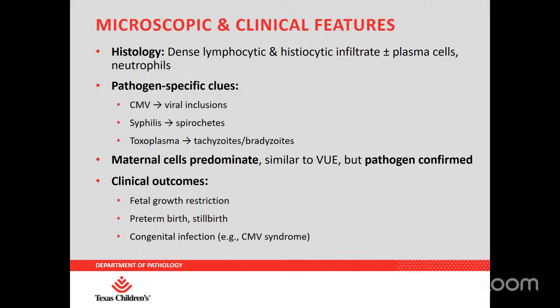Although the inflammatory cells are largely maternal, which can make it look like VUE, the identification of a specific pathogen can confirm infection. Clinically, these infections can carry significant risks, again such as fetal growth restriction, preterm birth, stillbirth, or subsequent congenital infection.